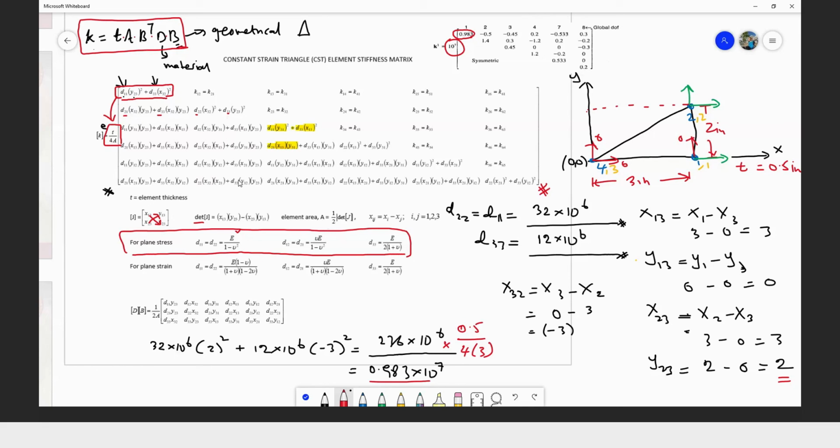Then look straight away at your boundary condition first and eliminate the row and column which we do not need to use in our problem. So for this 6 by 6 matrix, after we look at the boundary conditions, our K matrix may be reduced into 2 by 2 only.